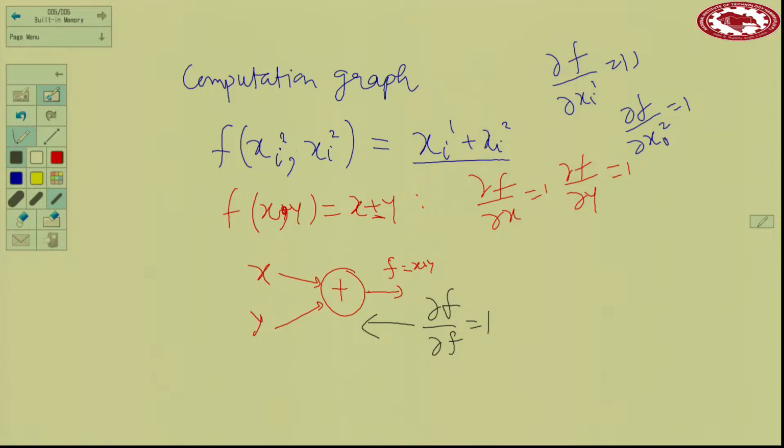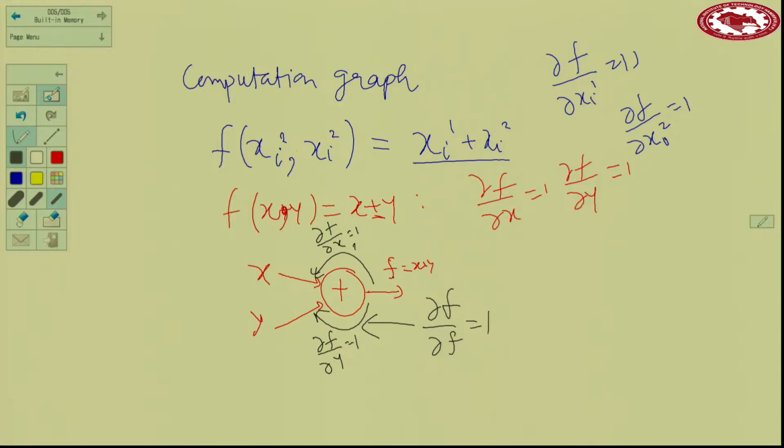For an addition operation, if you want the gradient with respect to the input, it is 1, so we do not have to do anything. The gradient of the output f with respect to input x is 1, and the gradient of f with respect to y is again 1. So, how will you compute the gradient of f with respect to y? You multiply it, you can get it.